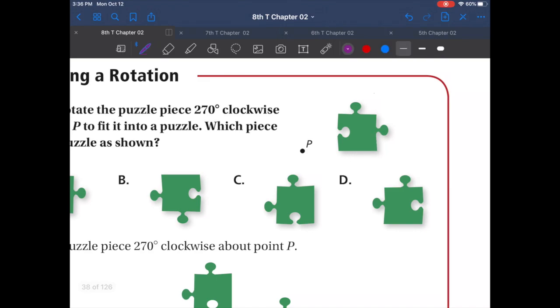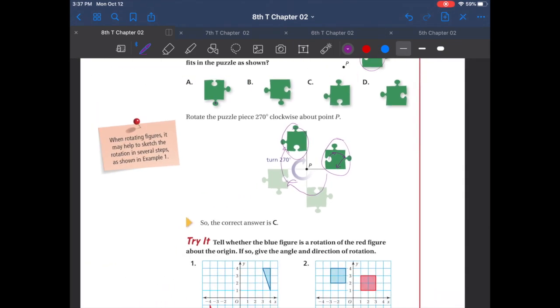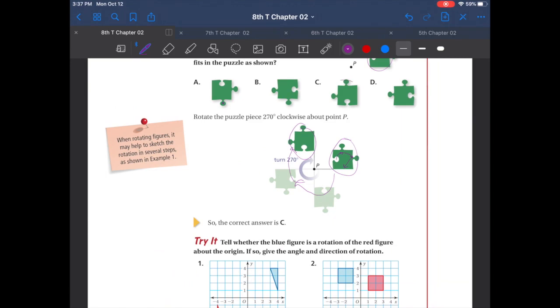This was our original right here. It rotated once, it rotated twice, and then it rotated that third time to 270. Where would that white space be, right? One time, two times, and that would be right there at the bottom. So it should look like this piece right there, which would be letter C.